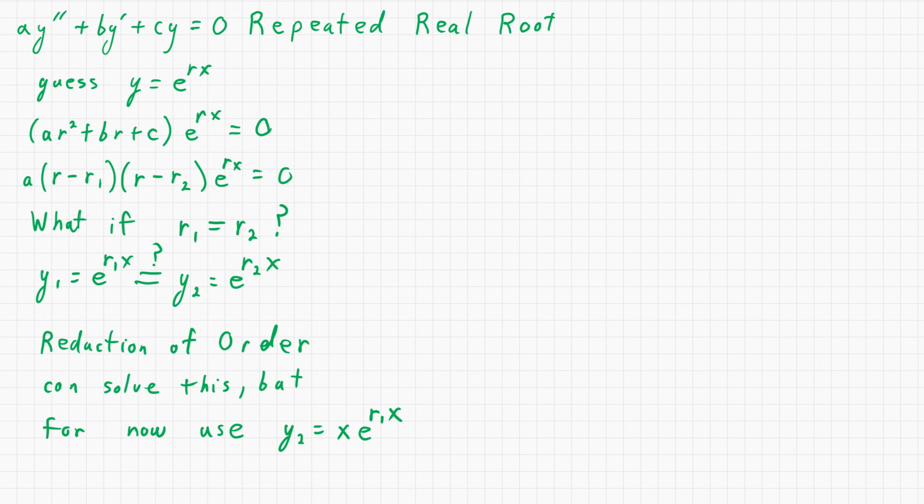And that'll be your second solution in the case when you have a repeated root. The reason that works out is you kind of get half the product rule disappears when you do this.